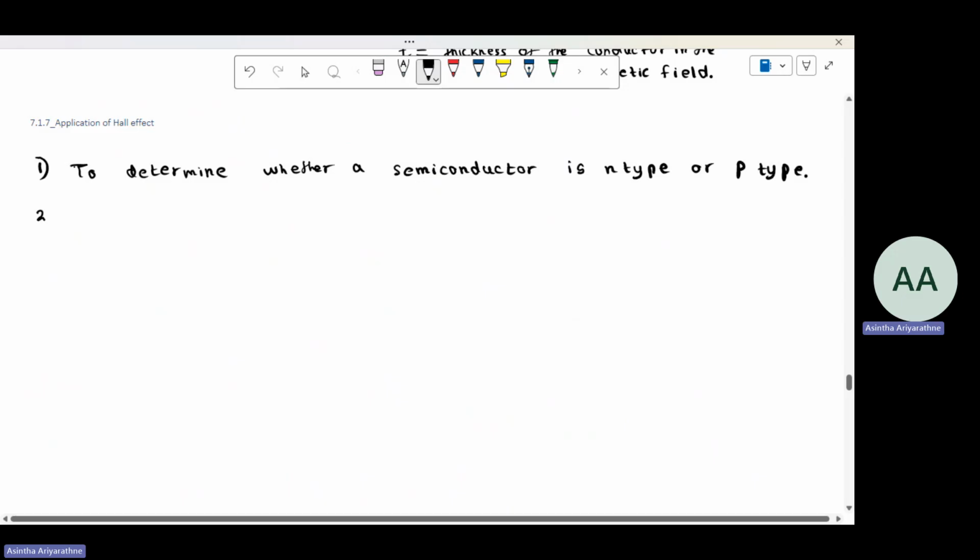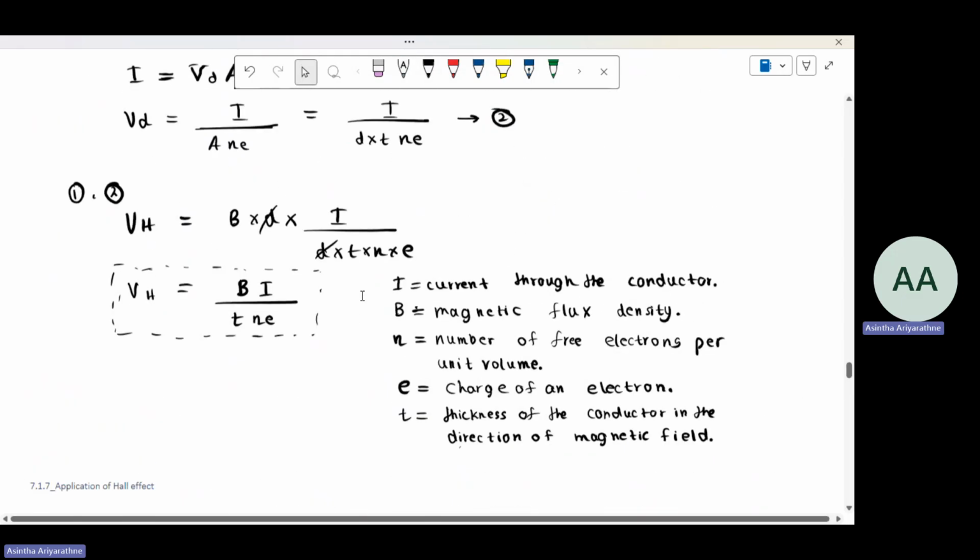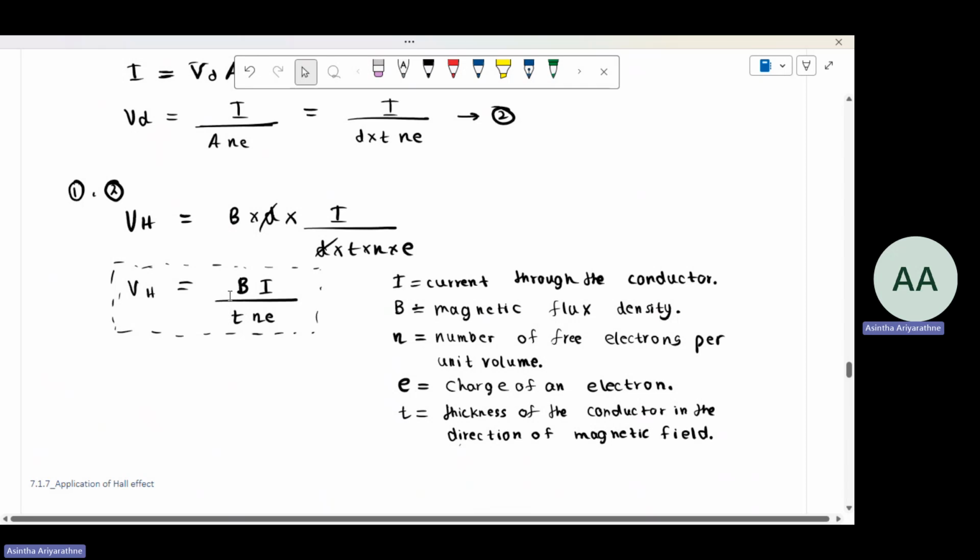Another application is to find the magnetic flux density. You can find B, if the Hall voltage is measured, the thickness is known, the number of free electrons per unit volume is known, and the charge of an electron is also known.